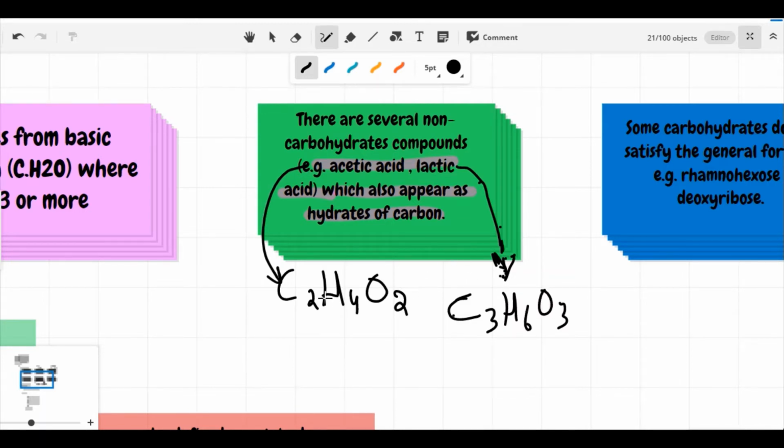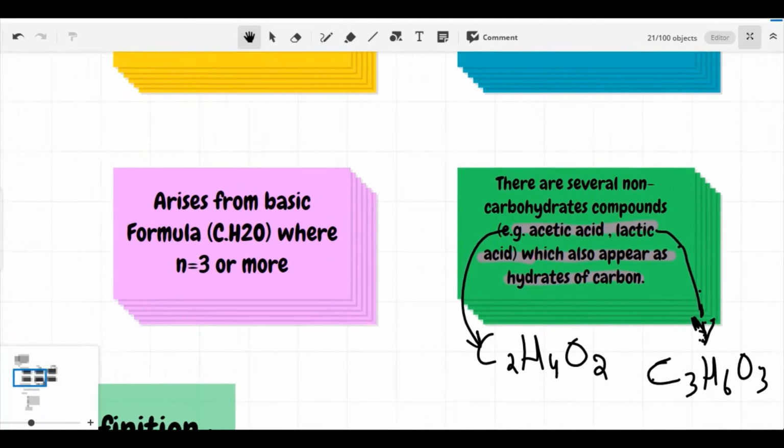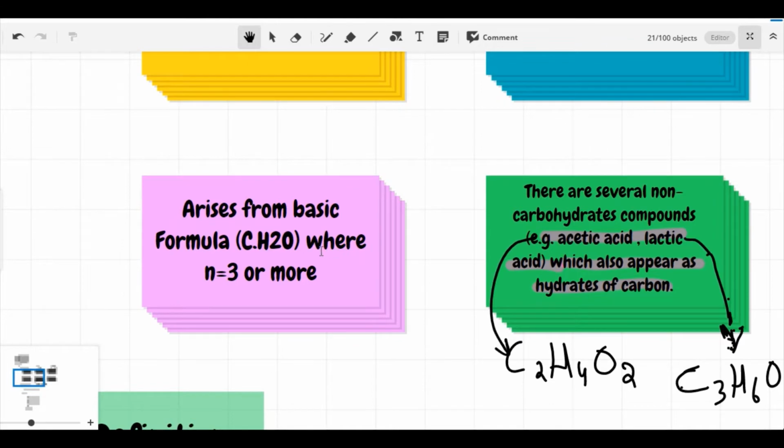But remember that these are not carbohydrates. So that's why we said that for carbohydrates n is equal to 3 or more than 3.